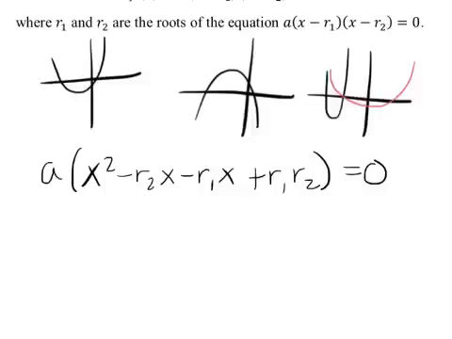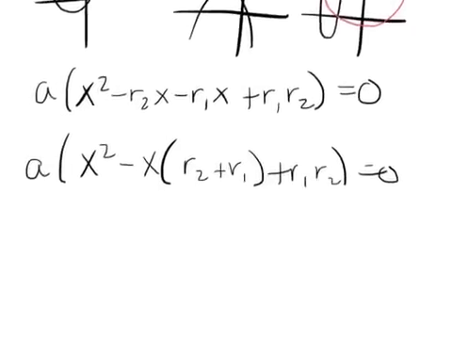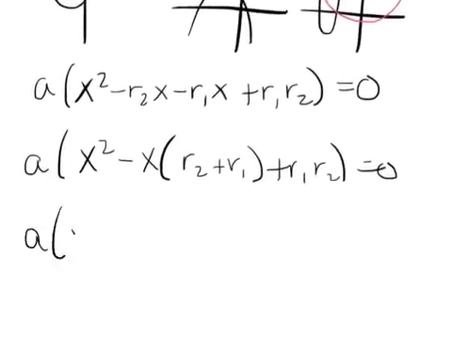Now, what you'll notice is if you pull out a negative x in the middle, here's what you'll have. Because you're taking out a negative x, which makes both of these negatives come out, leaving this as positive, positive. Plus r1 r2.